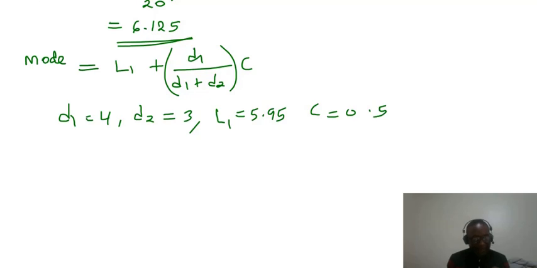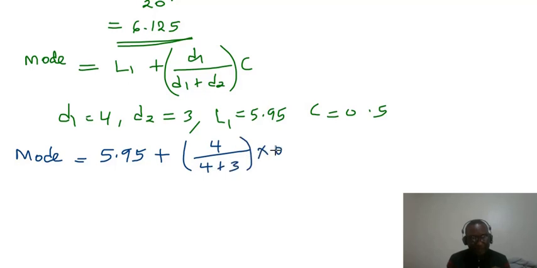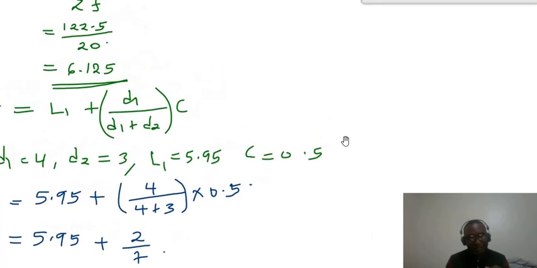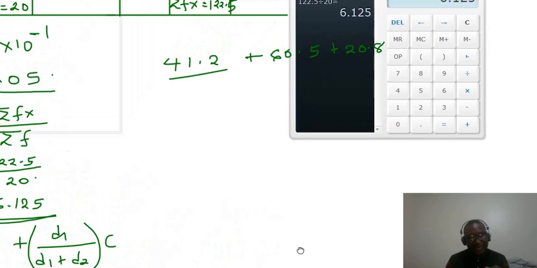So we substitute in, we shall have mode being equal to 5.95 plus, we have 4 divided by 4 plus 3 times 0.5. Here is 5.95 plus 4 times 0.5, we get 2 all over 7. So we need to press this on our calculator. 2 over 7 plus 5.95.